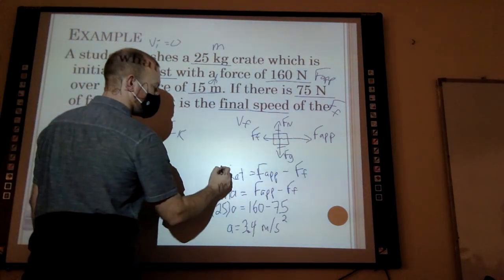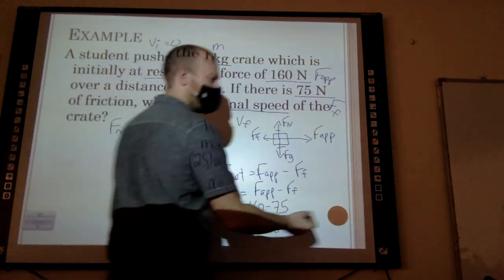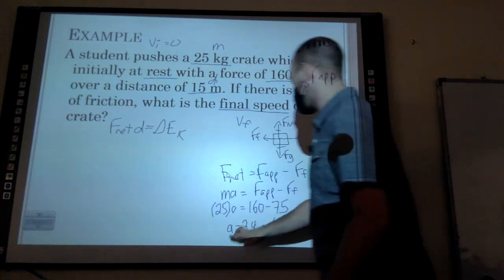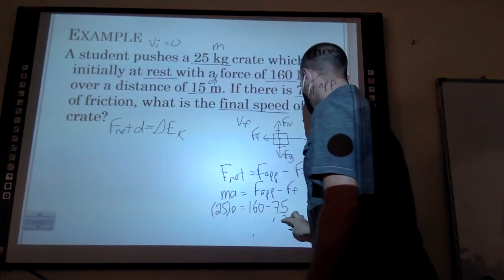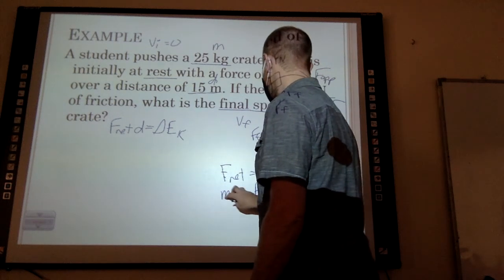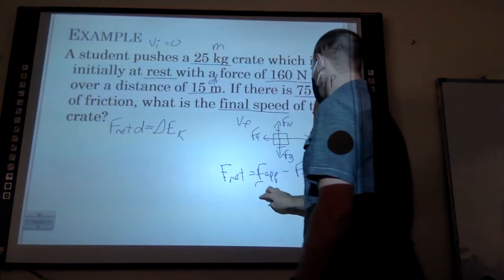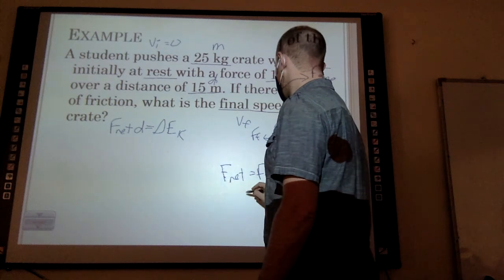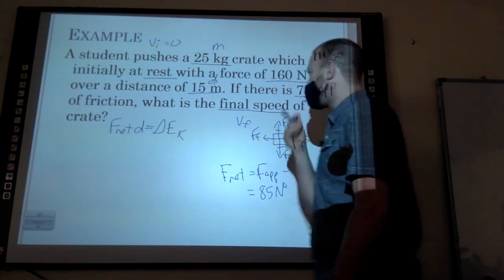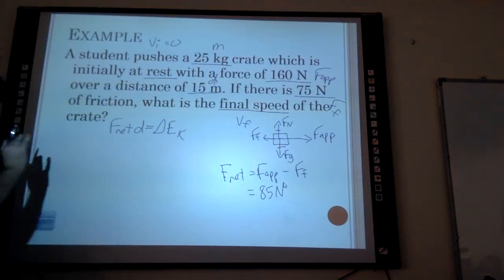I know what F net is due to this. What did you say, it's 85, right? So ignore solving for acceleration. F net is equal to 85. Okay, we got that. Do we have the distance? Yes.